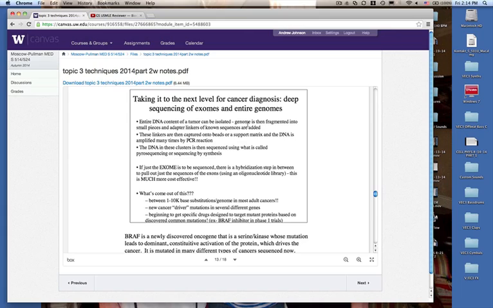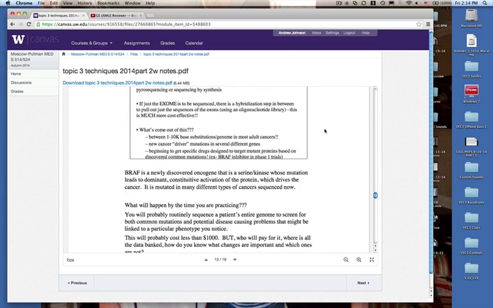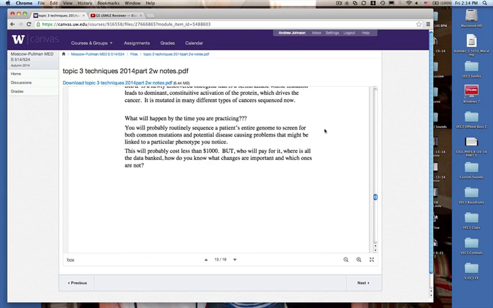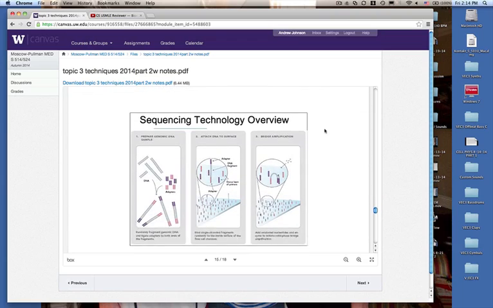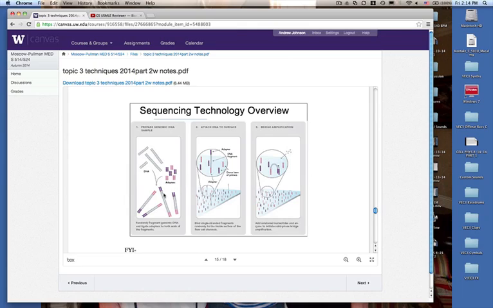So we're actually going to sequence the whole thing simultaneously, which sounds kind of crazy, but it makes a little bit more sense conceptually when you're looking at it. So we isolate the DNA and fragment it, and then utilizing these little adapters, we're going to put those adapters onto the ends of each of these sequences.